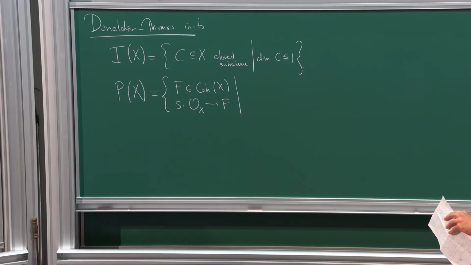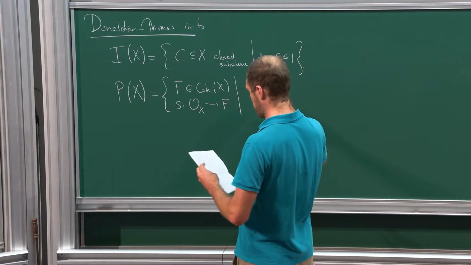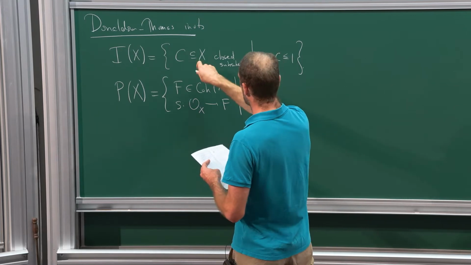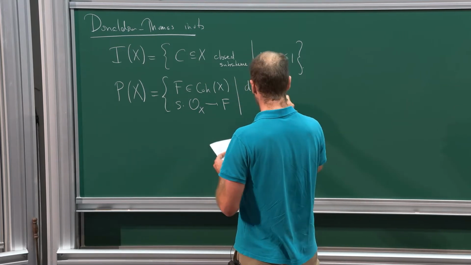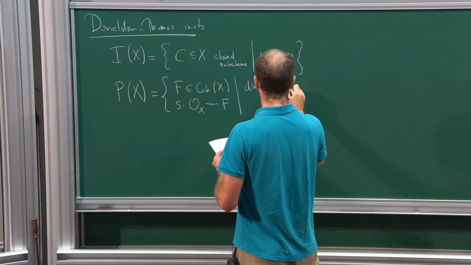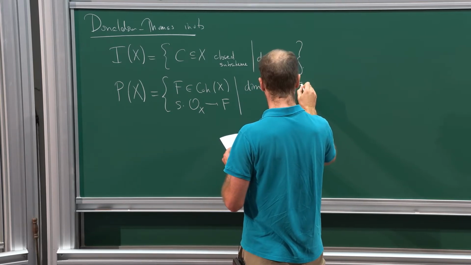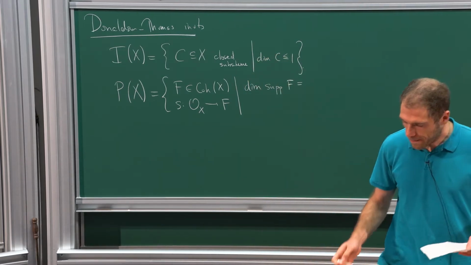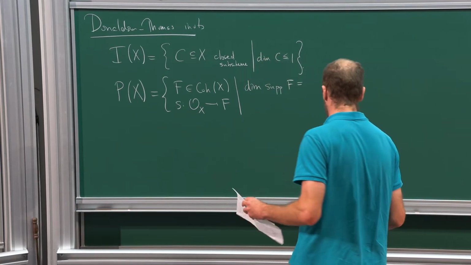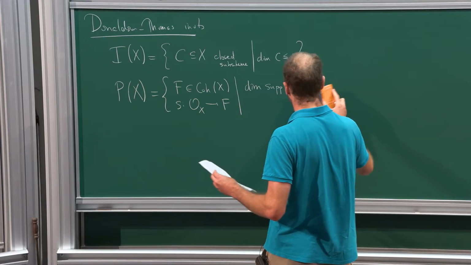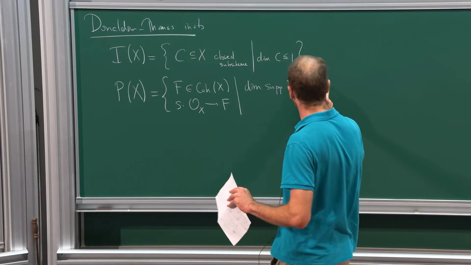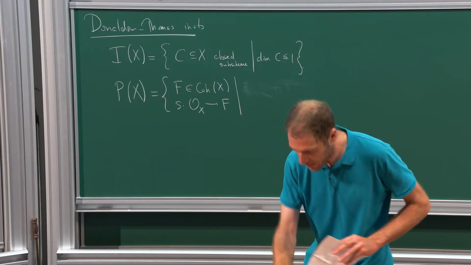So now you just consider any coherent sheaf F, not only an ideal sheaf, but any coherent sheaf. Now the dimension of the support, let's say F is supported in dimension 1.